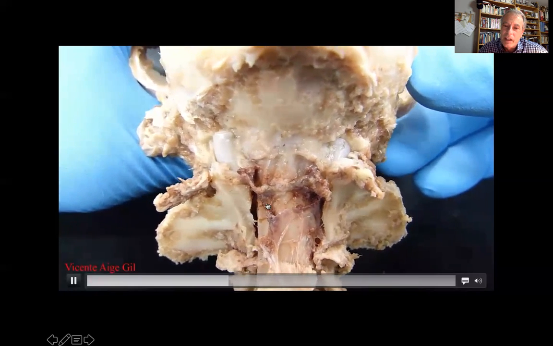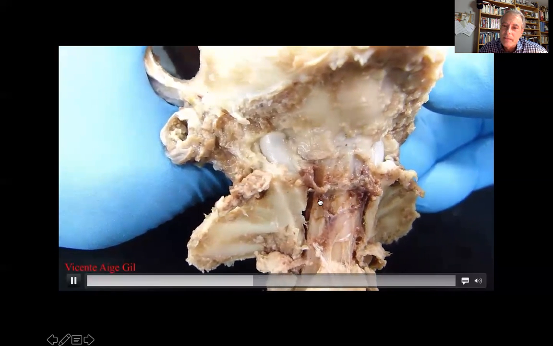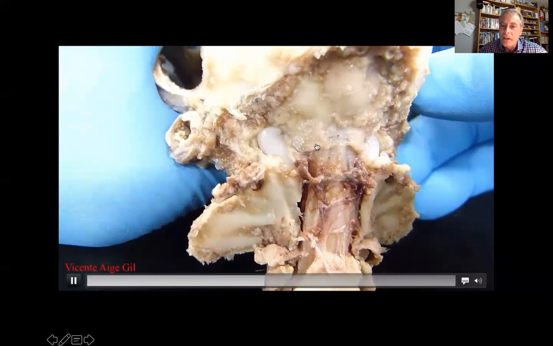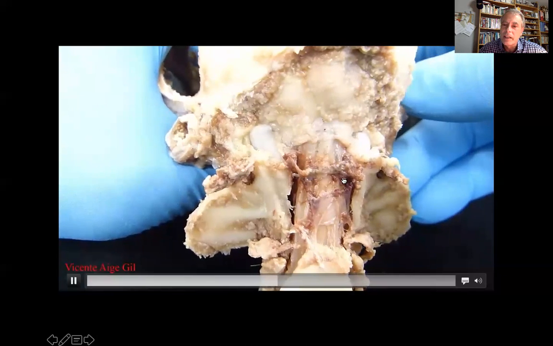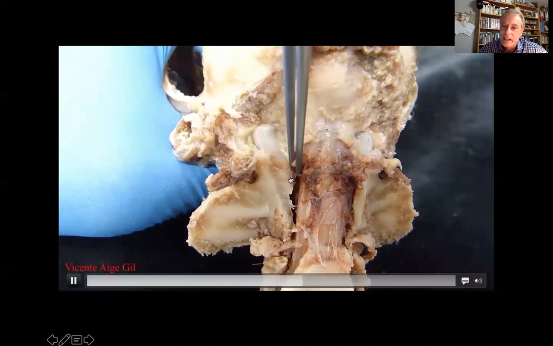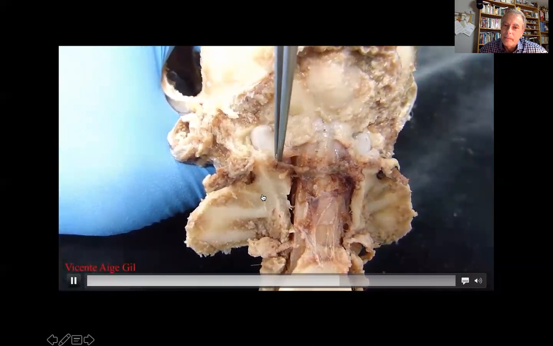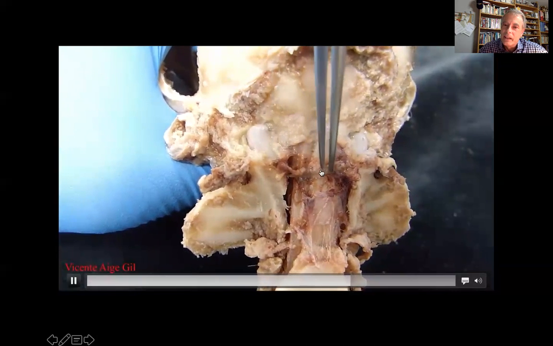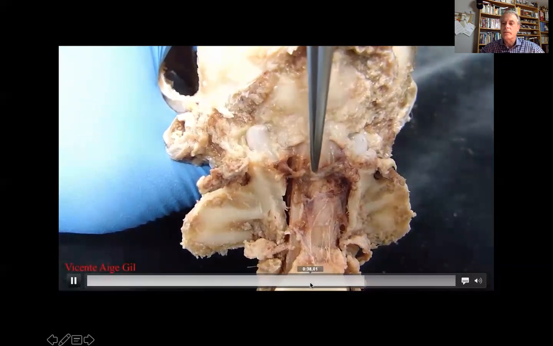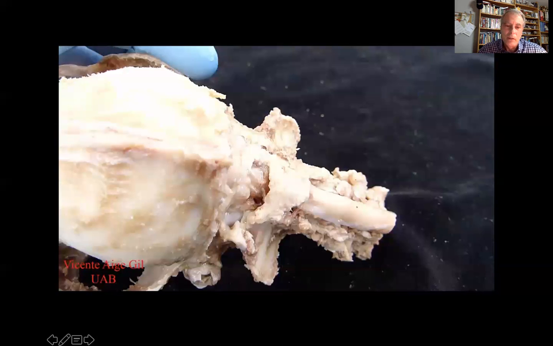You see the second segment of the spinal cord is inside the atlas, and the first is between the occipital bone and the atlas, here. And then we have the first interarcuate branch. It's a vein.